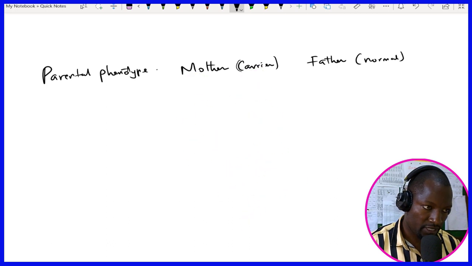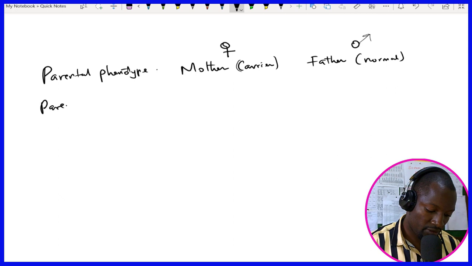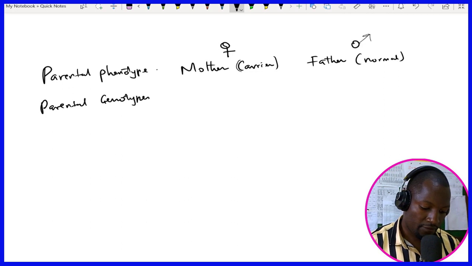So this is our mother and this is our father. Then we have their parental genotypes. This is the mother, so XX, but it's a carrier. And then we have the father, and the father is normal.